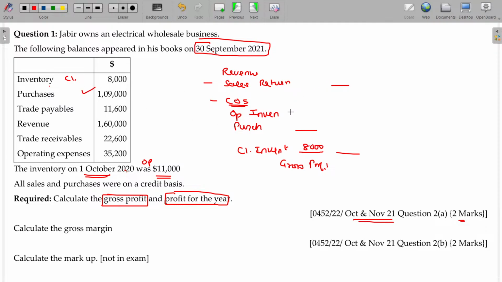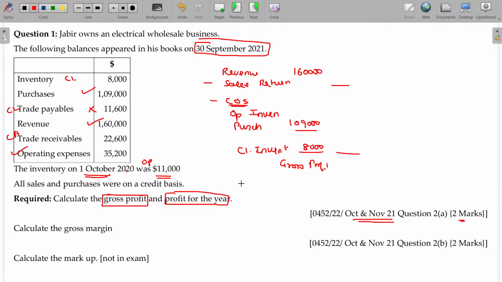Purchases 1,09,000. Trade payables, being a current liability, will not come here. Revenue 1,60,000. And trade receivable, being a current asset, will not come here either.